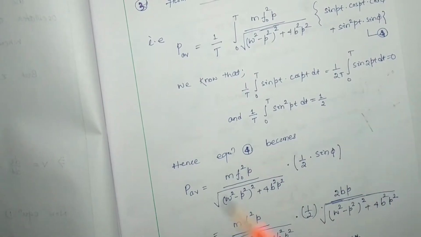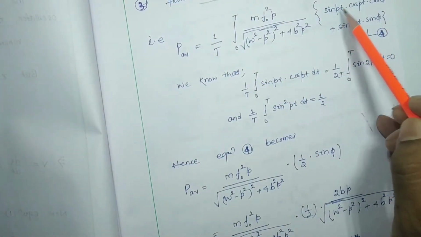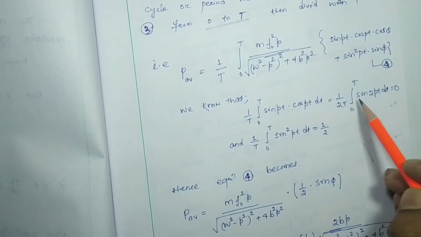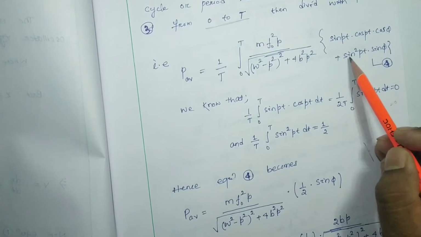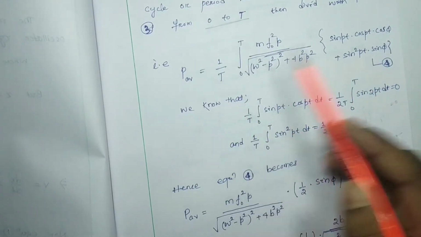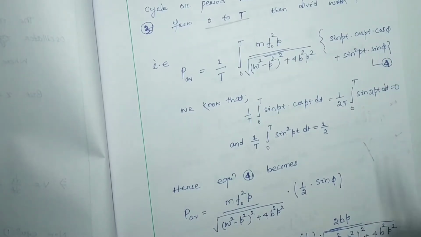So here the 1 by T term is cancelled out, because this term will be 0 as per this one. The integration of this whole divided by T will be equal to sin phi into 1 by 2. You got my point?